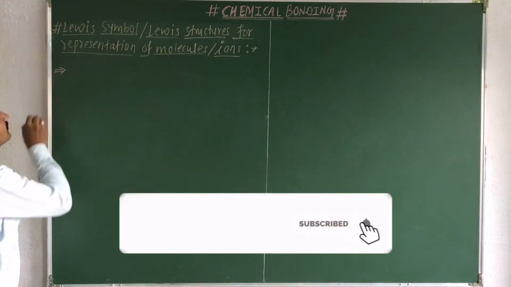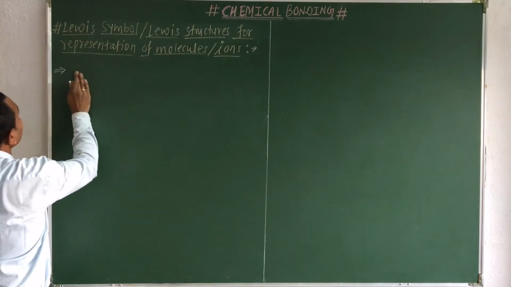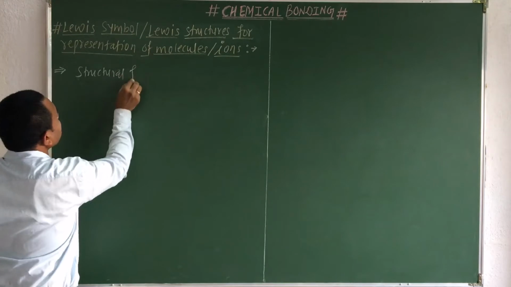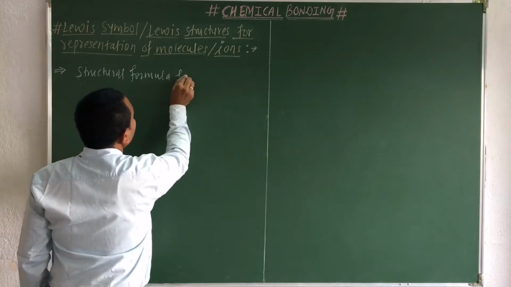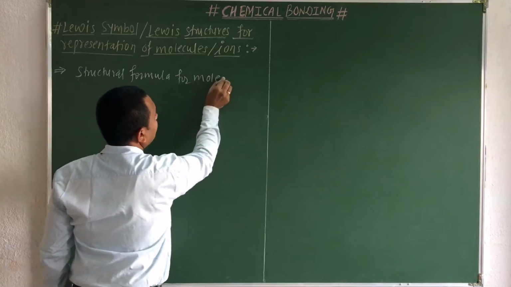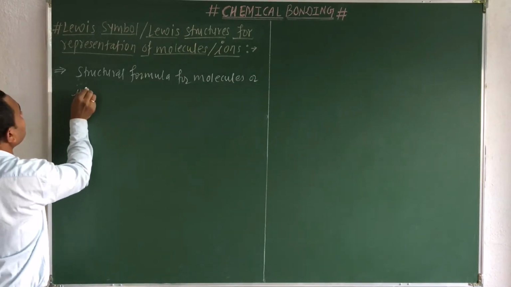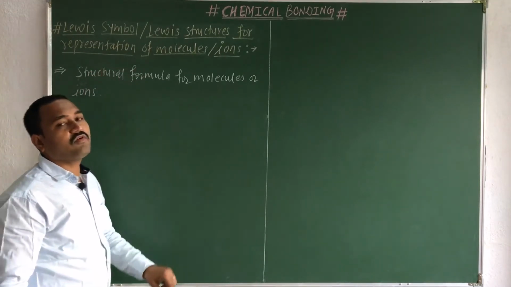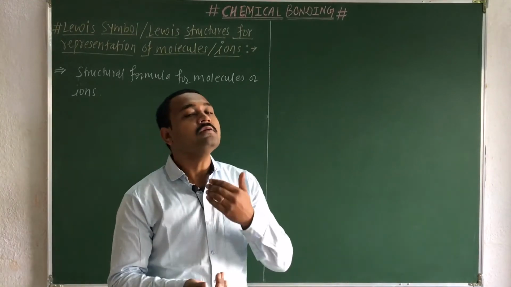To represent this molecule, we are going to consider the structural formula for molecules or ions. Now we know that this structural formula is made up by combining the atoms.